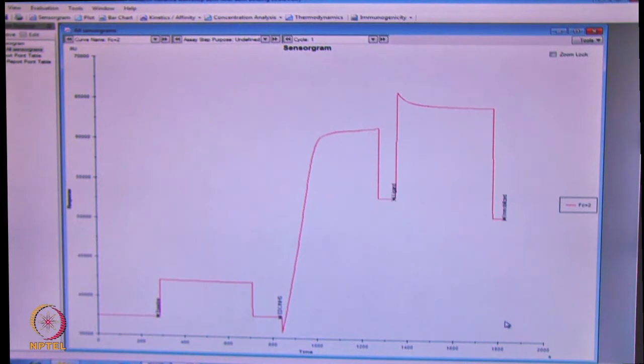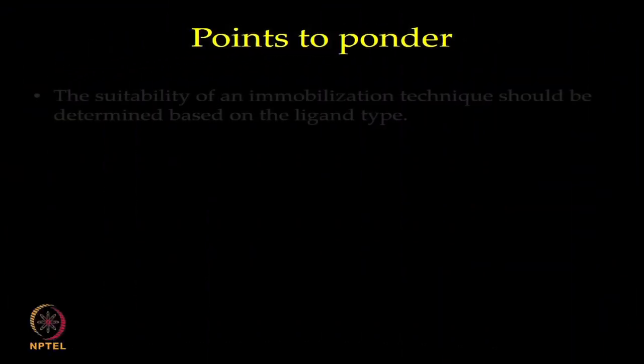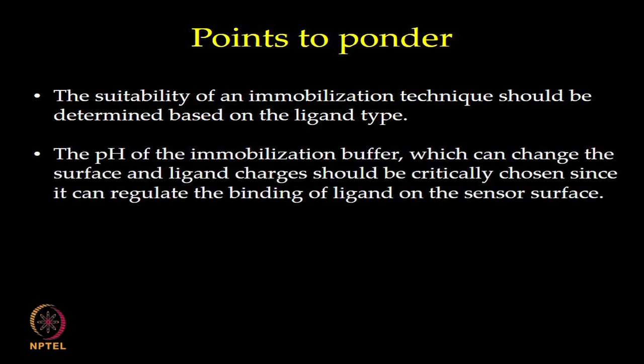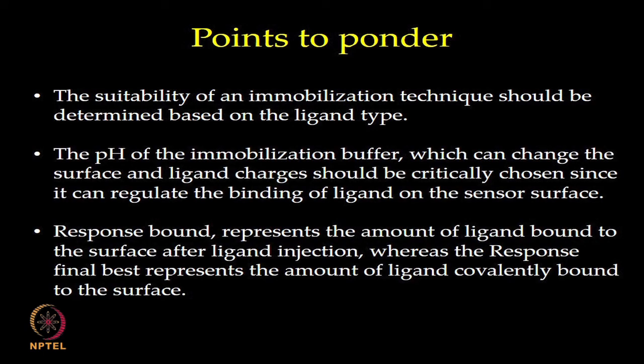So, as we observed, we have successfully immobilized anti-beta-2 microglobulin and will now proceed to our binding experiment in our next lecture. Performing an interaction analysis on an active and stable ligand surface is key to generating a robust dataset.